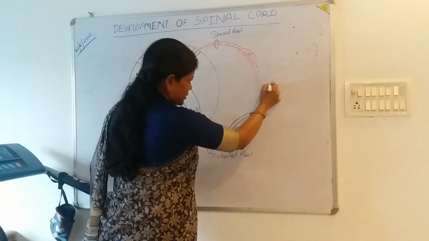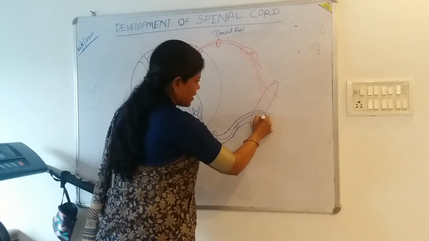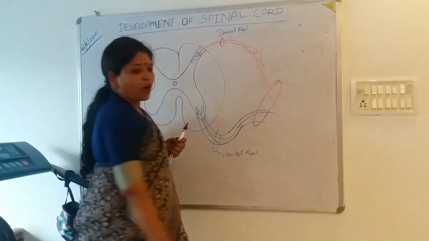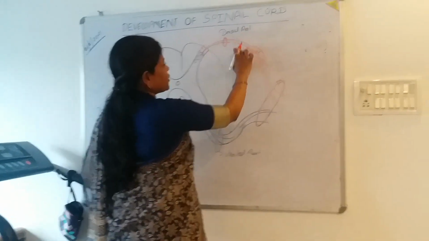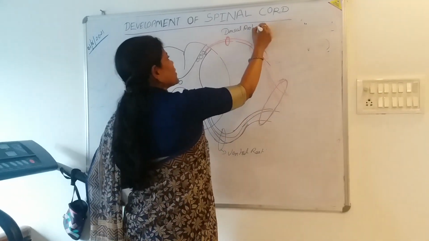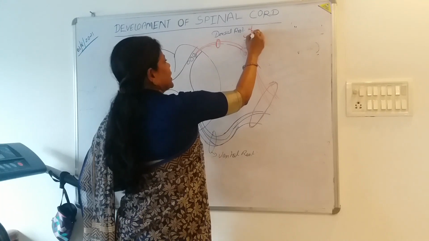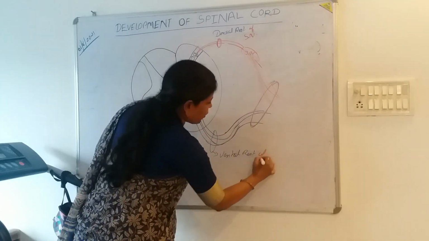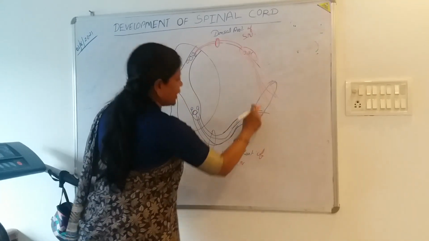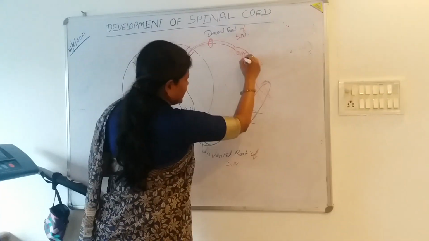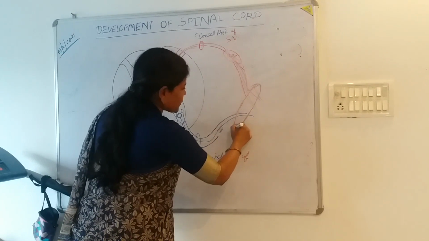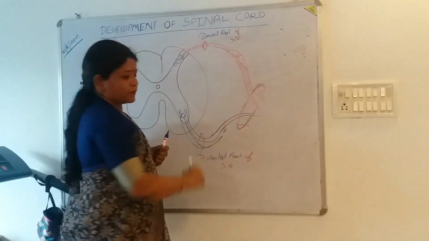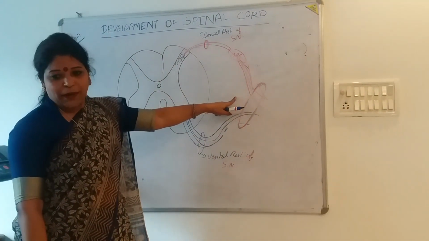And this is what? The trunk of the spinal nerve. All together, this is the dorsal root of the spinal nerve, this is the ventral root of the spinal nerve, and this is the trunk of the spinal nerve.